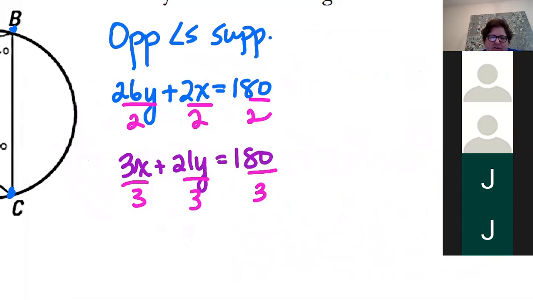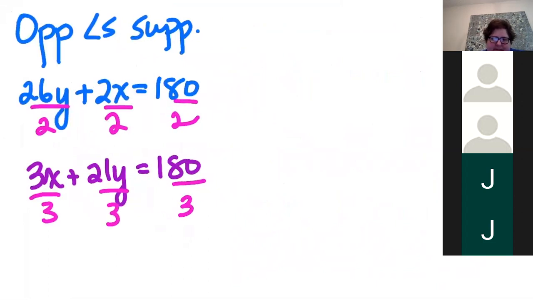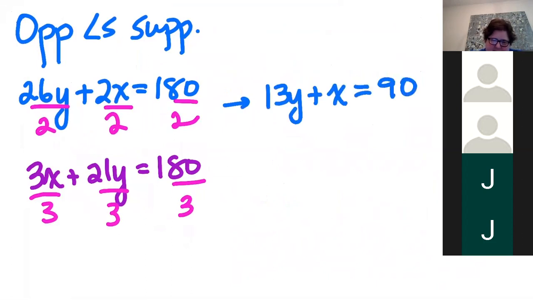Make sure when you're doing your substitution or elimination, if you simplify this, that would be 13y plus x equals 90, and x plus 7y equals 60.